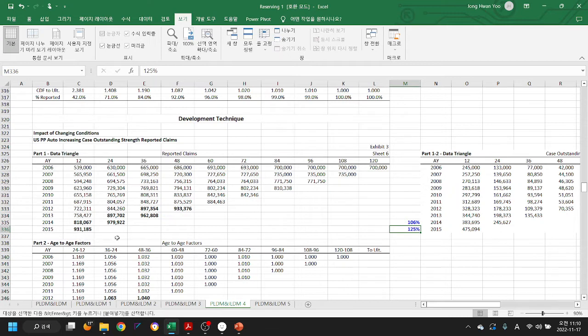Let's say it applies to only the claims that occurred in these 3 years for the 6% increase. And we are going to increase 6% for the case outstanding amount at the end of 2014, and only the claims that occurred in 3 accident years.